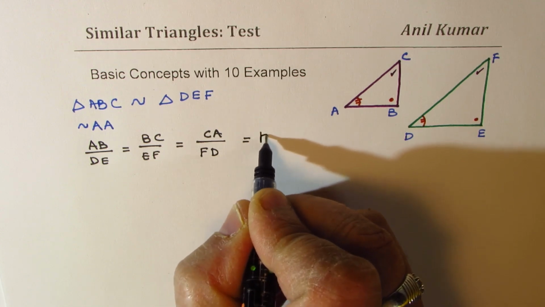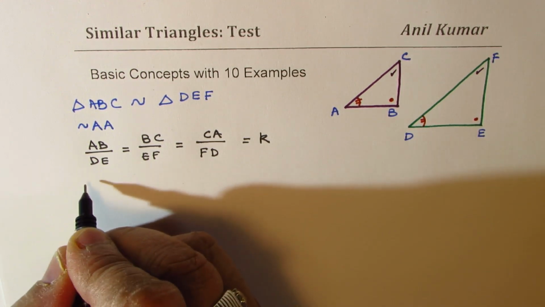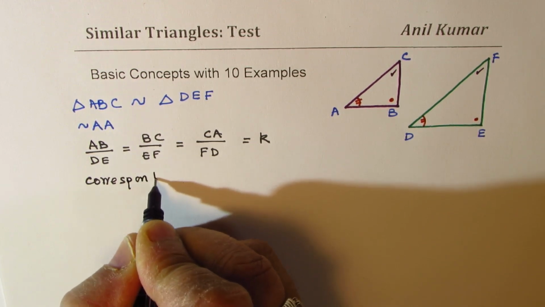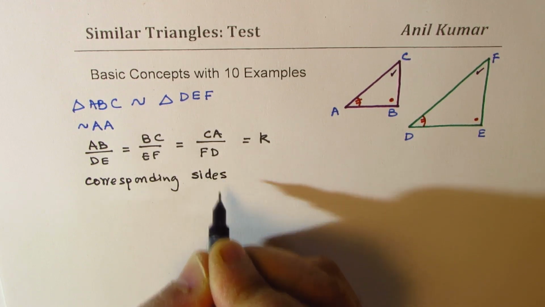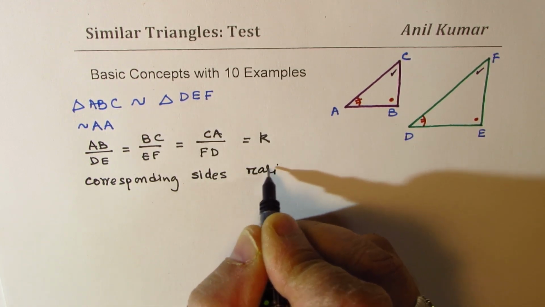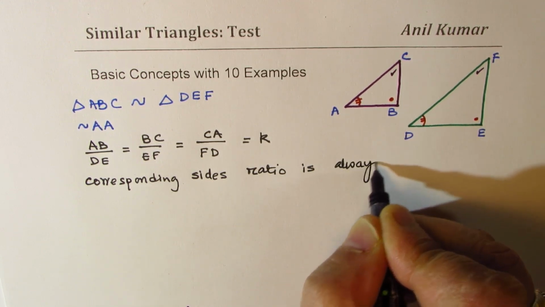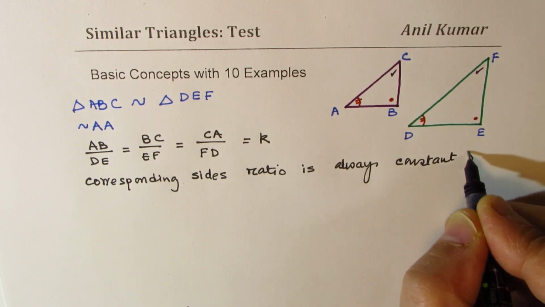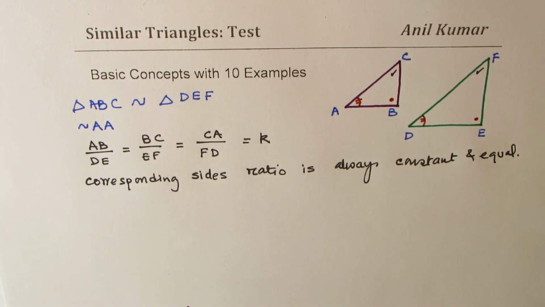So this will always be some constant K. We call these corresponding sides. The ratio is always constant and equal. This is about similar triangles.